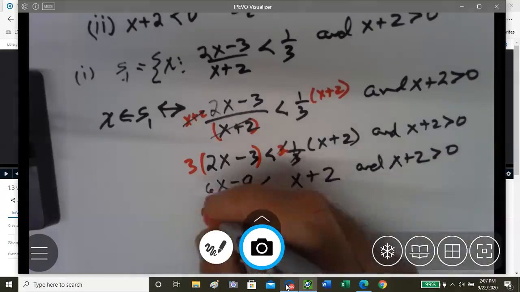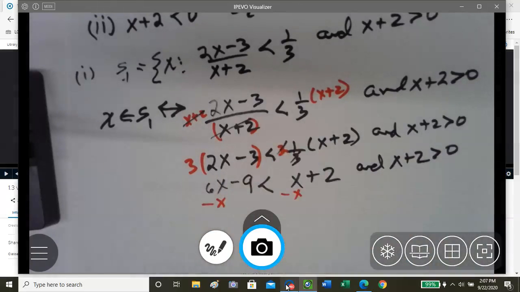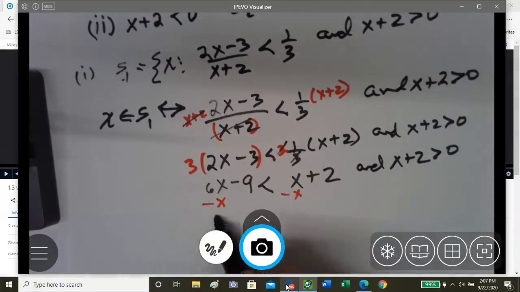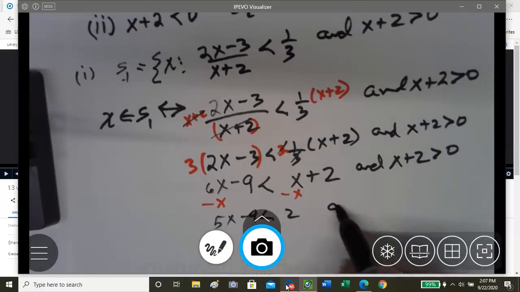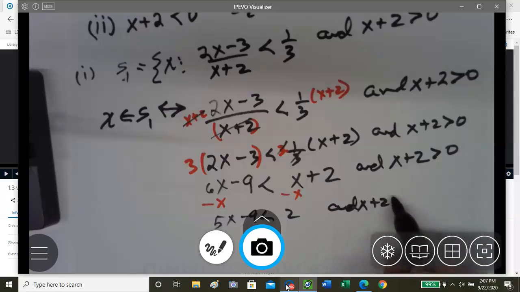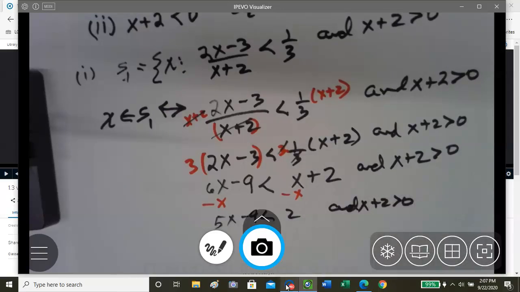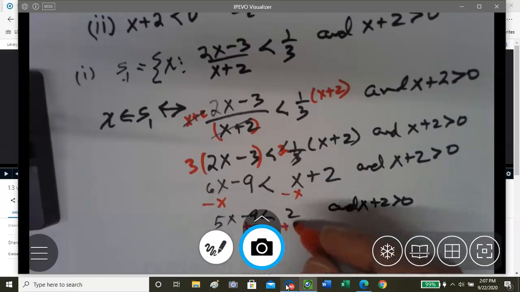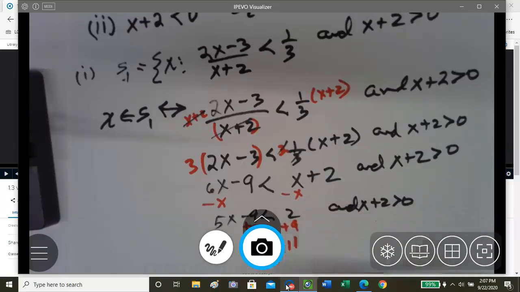Subtract x, and subtracting is not going to change the inequality sign. So that'd be 5x - 9 is less than 2, and x + 2 is greater than 0. Add 9, and we get 11. So we get 5x is less than 11, and x + 2 is greater than 0.